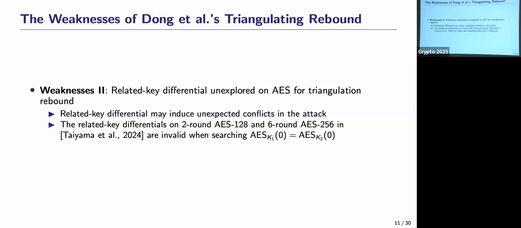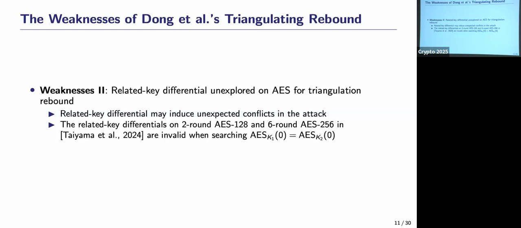Moreover, only single-key differentials of AES are explored in Dong et al.'s triangulating rebound attack, but the key collision attack should explore related key differentials. While a related key differential characteristic has already fixed some key values, so the keys may lead to contradictions with the value deduced from the encryption data path.